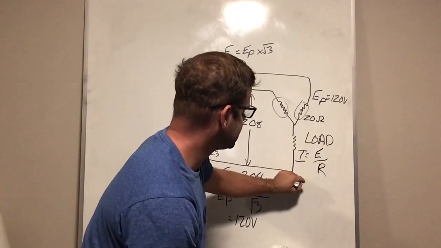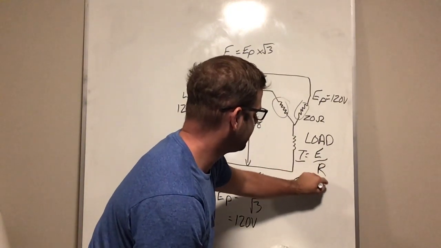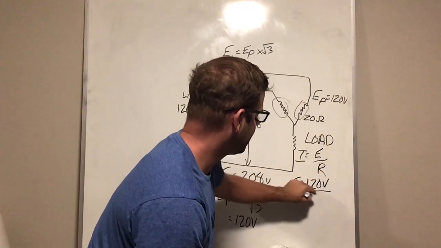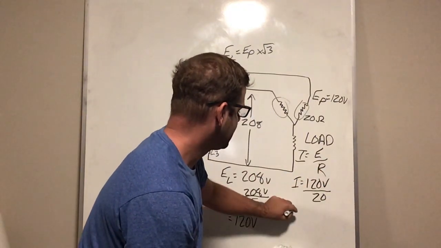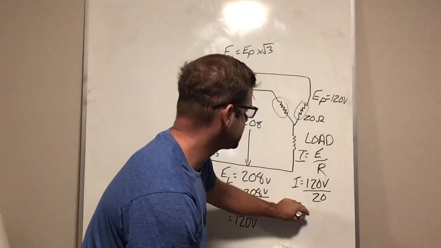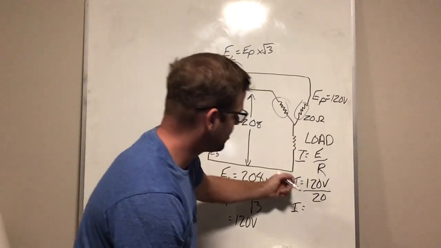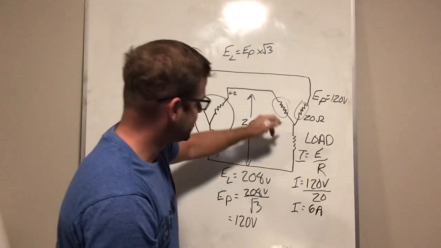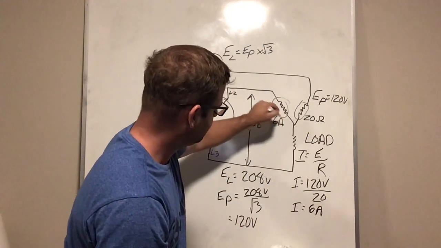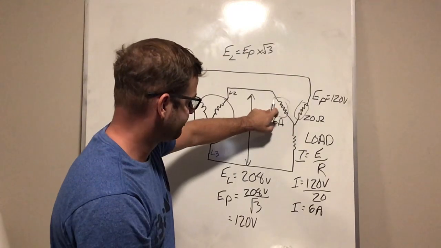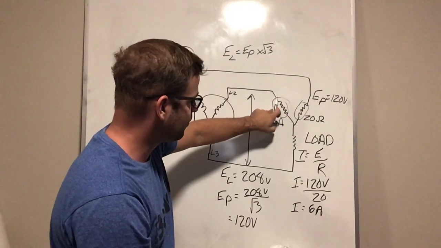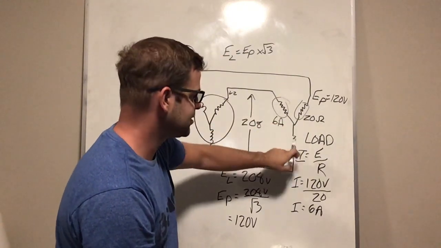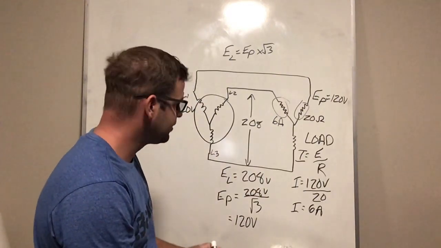So our current is equal to 120 volts divided by 20, and I would see a current per phase of 6 amps. So I'd see 6 amps in line 1, 6 amps in line 2, and 6 amps in line 3.